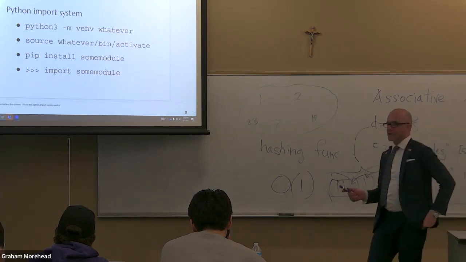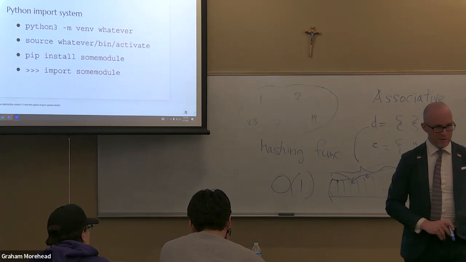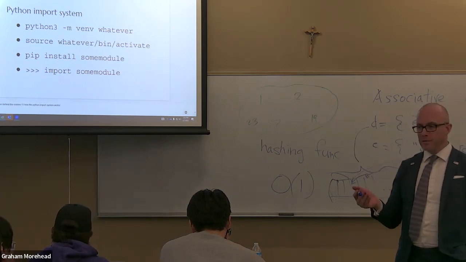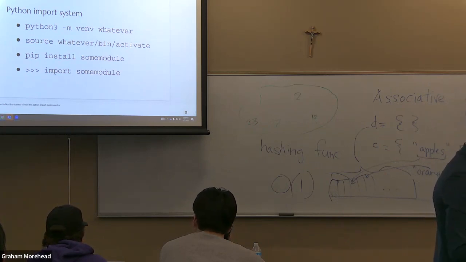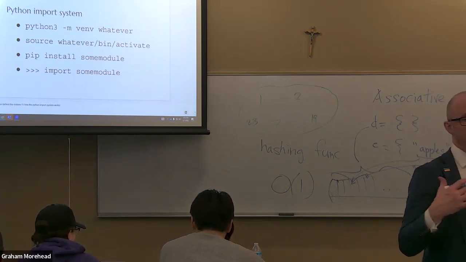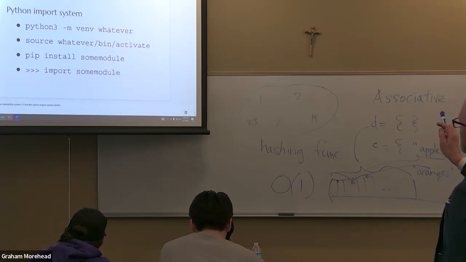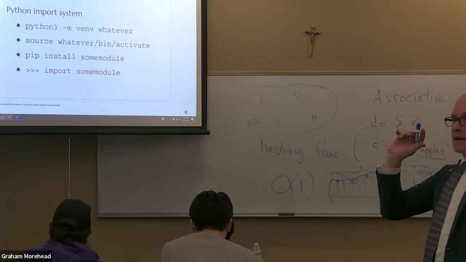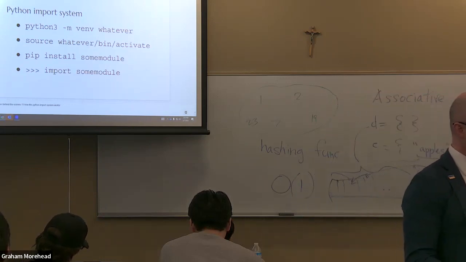When you're using Python on a command line instead of in a notebook, you have to think about exactly which version of Python you're running. You usually start with python3, because that will call the right version of Python. And we like to make a virtual environment where you're going to do your pip installs.